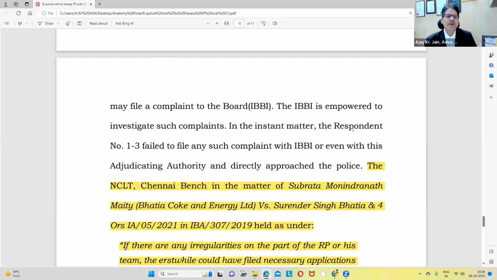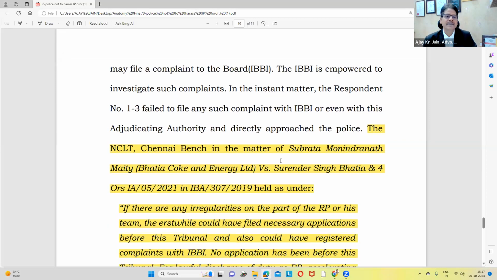The IBBI is empowered to investigate such complaint. In the instant matter, respondents number 1, 2, 3 failed to file any such complaint with the IBBI or even with this adjudicating authority and directly approached the police. Here, the complainant, instead of filing a complaint to the adjudicating authority or IBBI, directly approached the police.